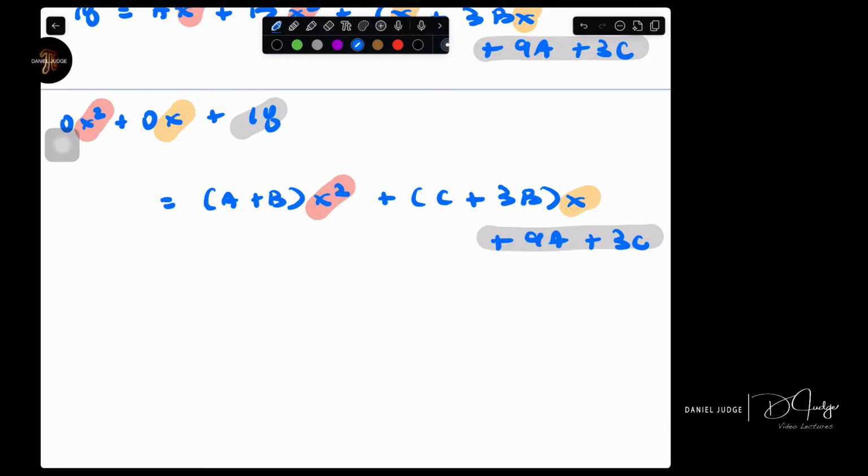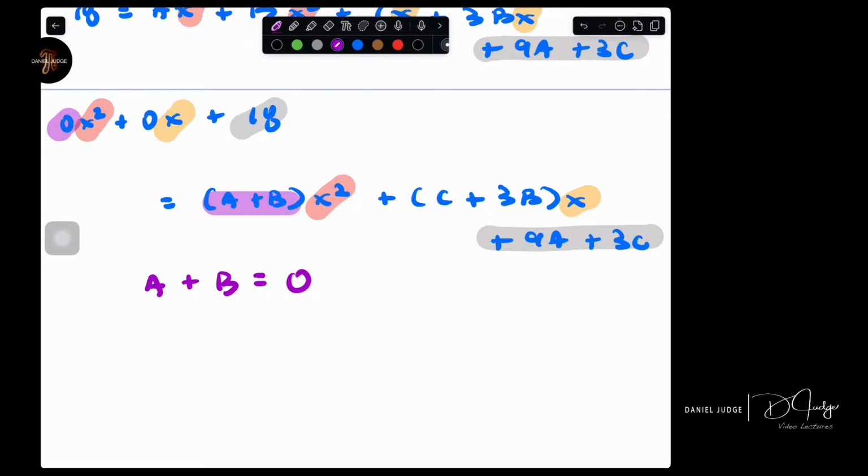That means that the numbers in front here, the x squared, 0, for example. If I can get a highlighter, 0 is the same as a plus b. I know there's no x squared term on the left side. Well, that means use the 0 coefficient.